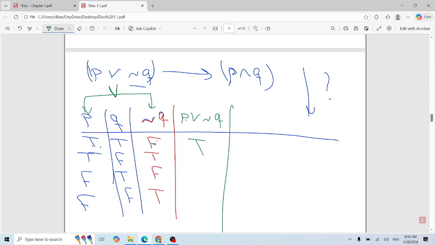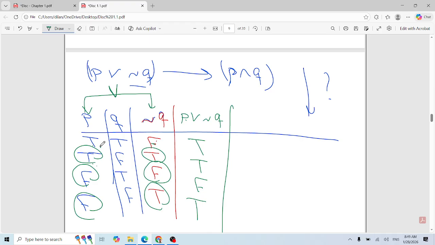Going back to the table, true or true, true again. False or false, the only single case, false. False or true, true again. Do you agree with me? Because the truth table of or is like that.